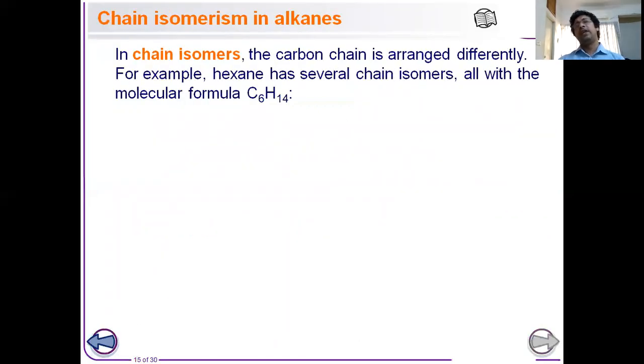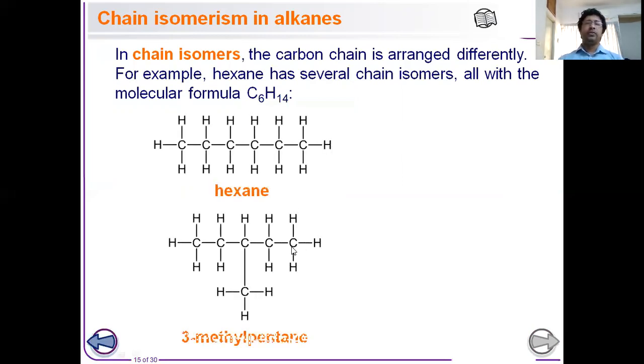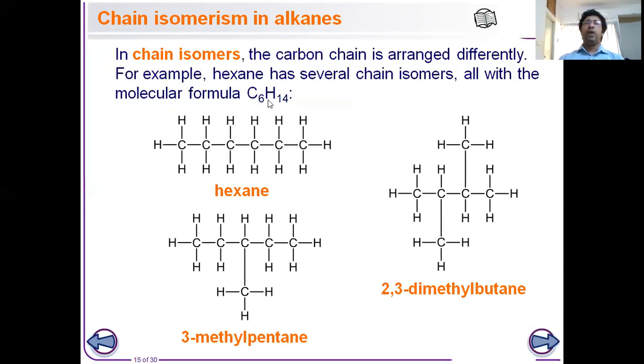Well, first, chain isomerism. You can see the examples. The formula C6H14 is the molecular formula. With this molecular formula, we can arrange atoms in three ways. One is a straight chain, and the other two are branched.